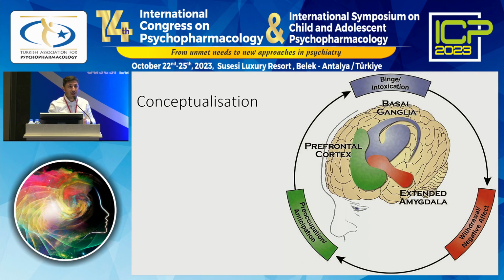Then we get into a withdrawal or the negative effect where they will not be able to find the drug. This phase is followed by a longer preoccupation and anticipation stage, which is like craving.